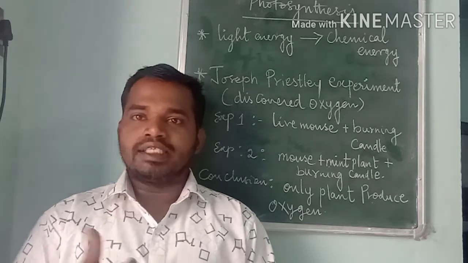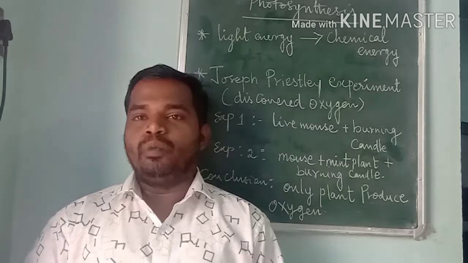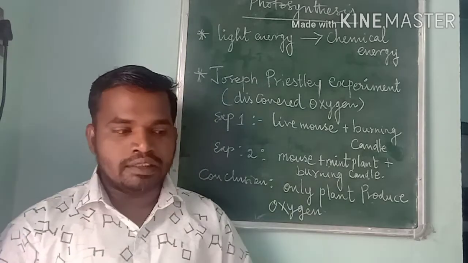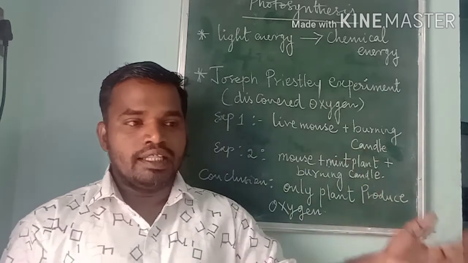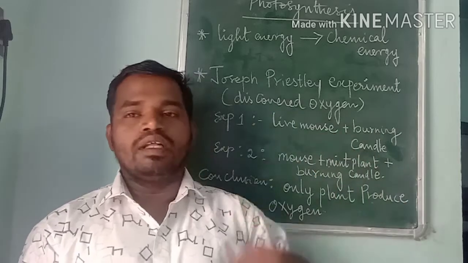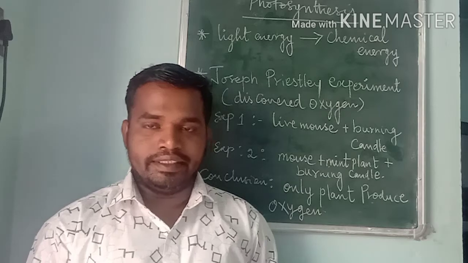As I already told, this suspension contains aerobic bacteria with the green alga Cladophora. When he passed the light through the prism, the prism split the light into many spectral regions.